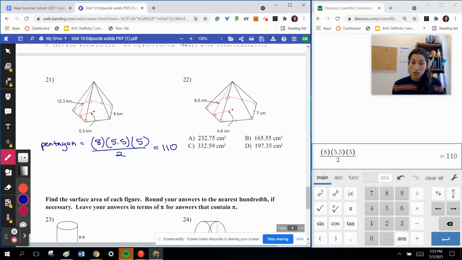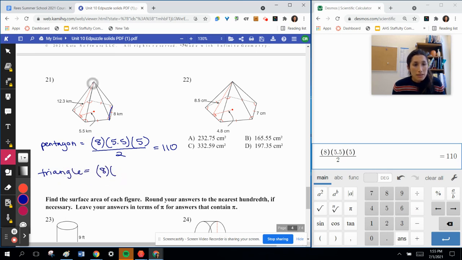Now we also have triangles. We have 5 of them. So this would be like an example of one of the triangles. Remember, a triangle is base times height divided by 2. Well, the base is this length here, 12.3. Oh, I'm sorry. No, the base are all the side lengths, 8. Base is 8. So let's do triangle equals. Let's find the area of that. So triangle is base times height, so 8.